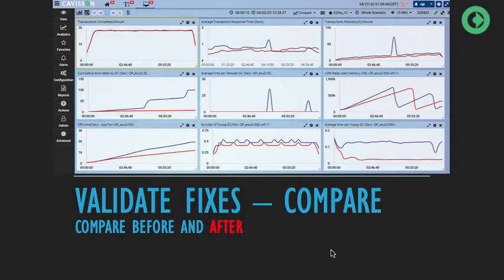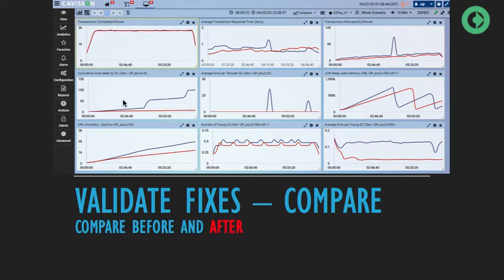So the idea here is to compare before and after. Before is represented by blue color and after by red color. You can see that while there was a spike earlier in the average transaction response time, in the newer test there is no significant spike. While there was a significant spike in transaction failures, there will be certain transaction failures, but definitely not as significant as what was seen earlier.